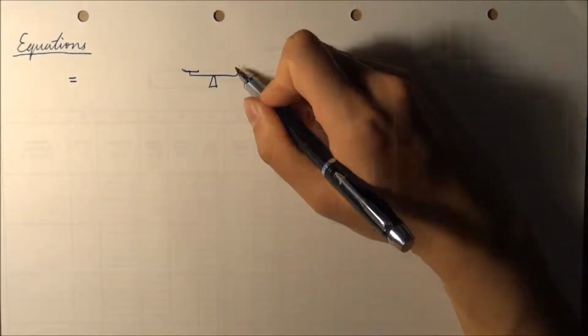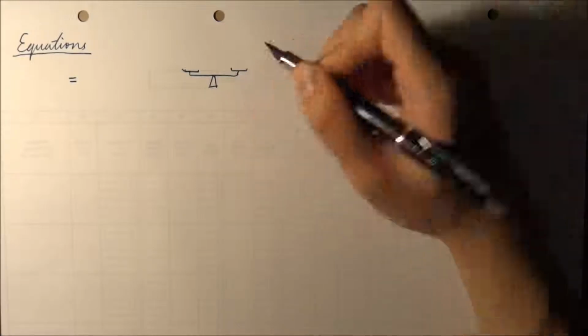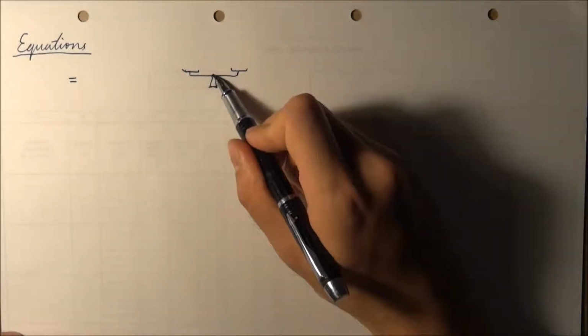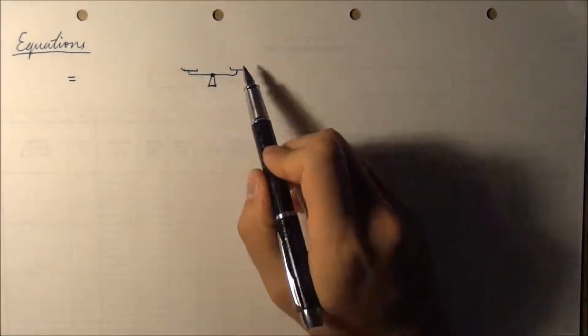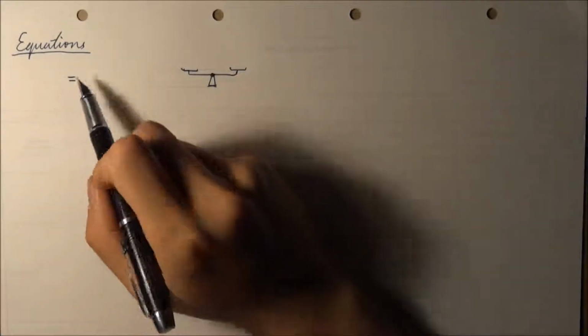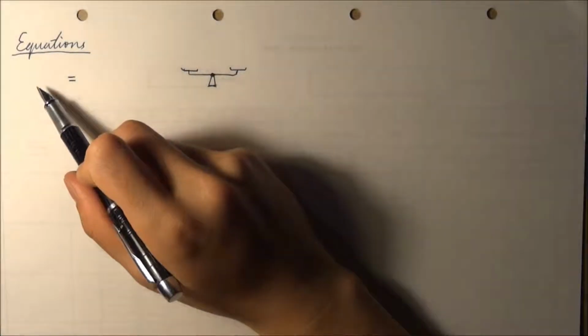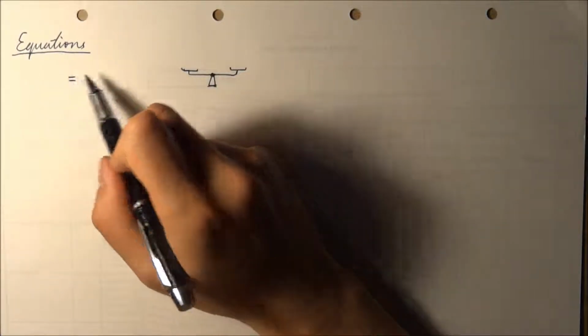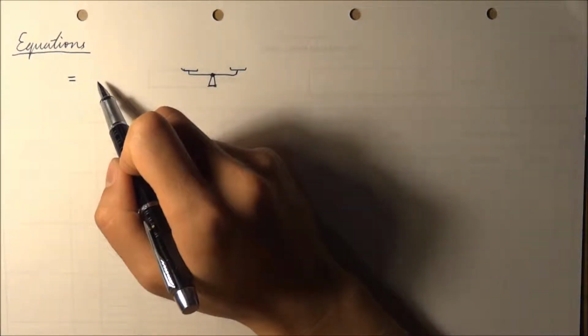Please excuse the poor quality of the drawing. If you have a balancing scale, the weight on both sides has to be equal for it to be in balance. Similarly, for equations, everything on both sides of the equal sign has to be the same.